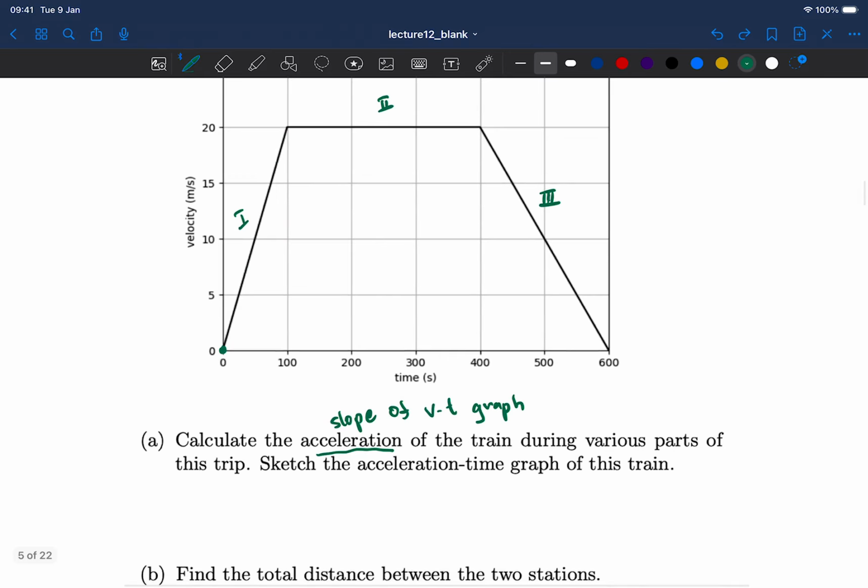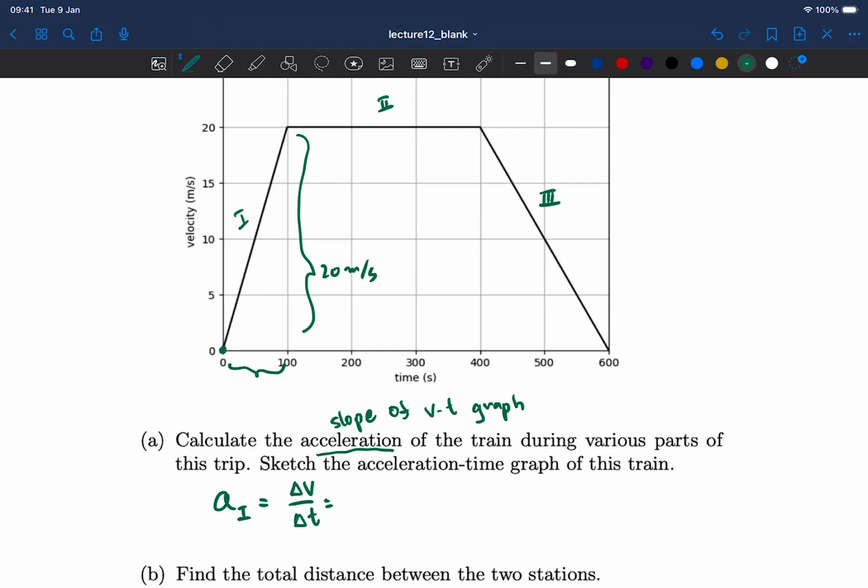So it's the acceleration during the first part, so I write it as A1. So A1 is delta V divided by delta T. So the triangle that I use here, delta V is the height of the triangle, which is 20 meters per second.